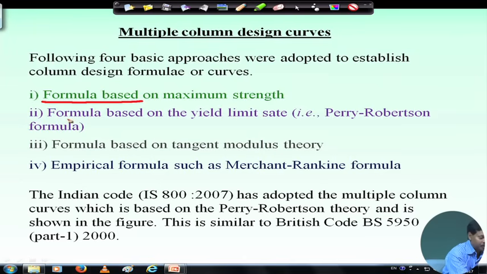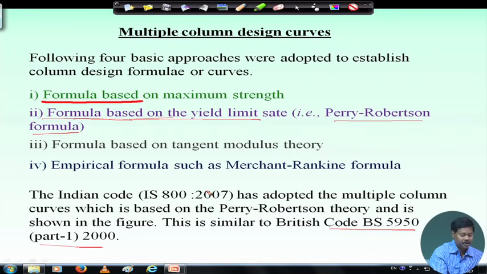Another is the formula based on the yield limit, which is called the Perry-Robertson formula, and basically this approach is considered by our Indian code. IS 800 2007 has also adopted the multiple column curves based on the Perry-Robertson formula, and this is basically similar to the British code BS 5950 part 1 2000.